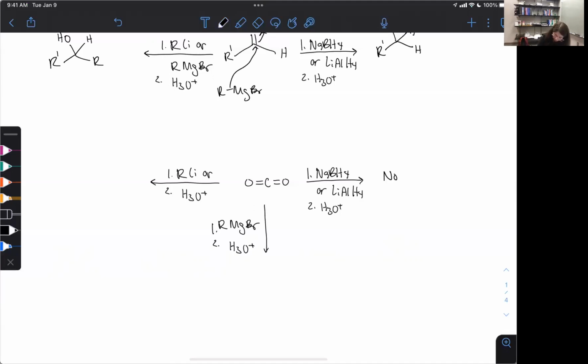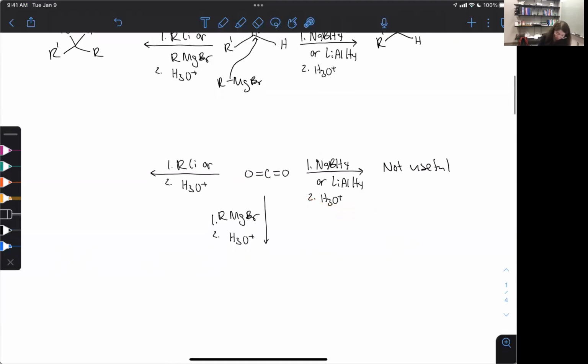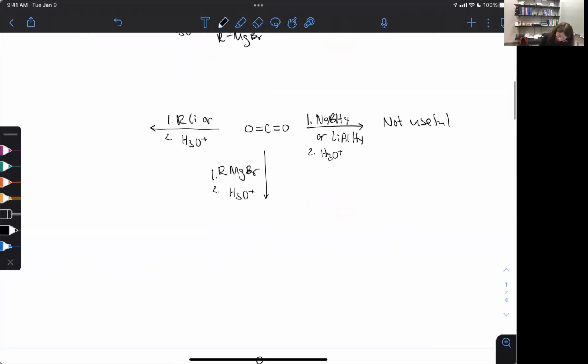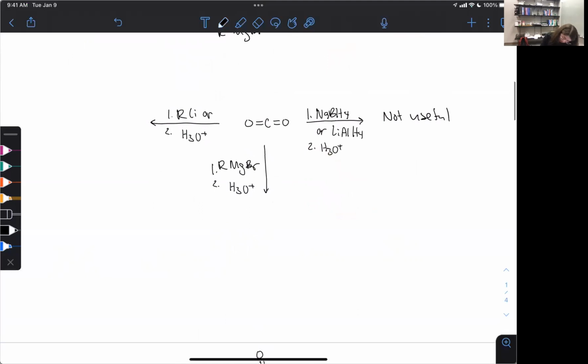So this is going to be labeled as a not useful product. So this is something we don't really need to consider doing because there's no point in doing it. So for carbon dioxide, if we add a Grignard to it, so let's do down here.